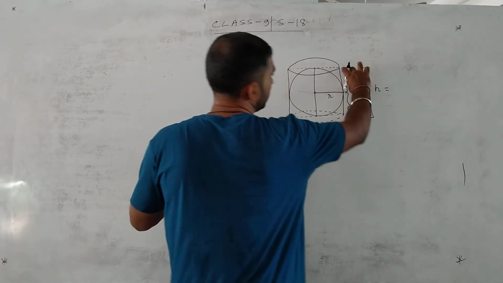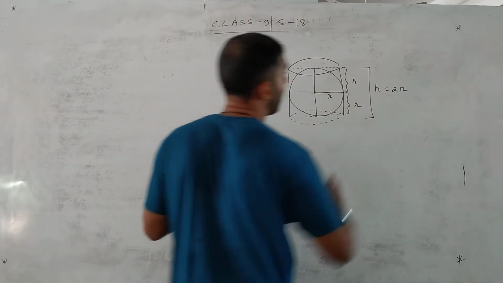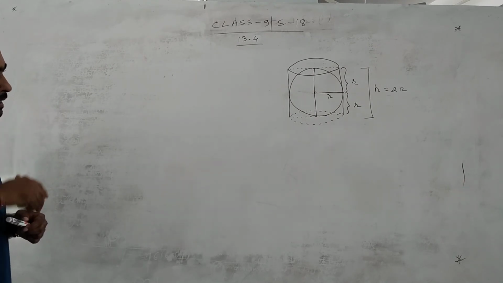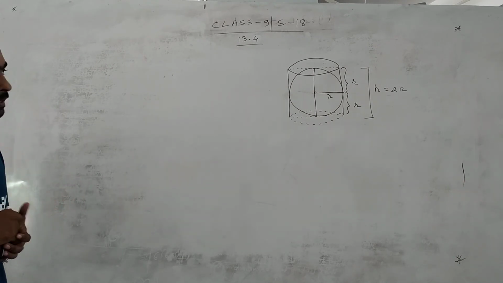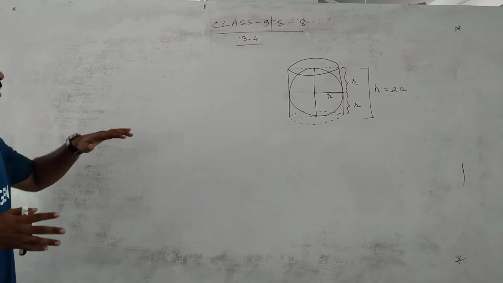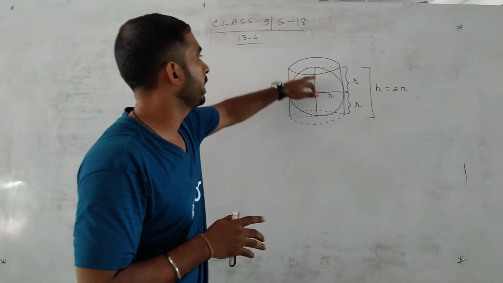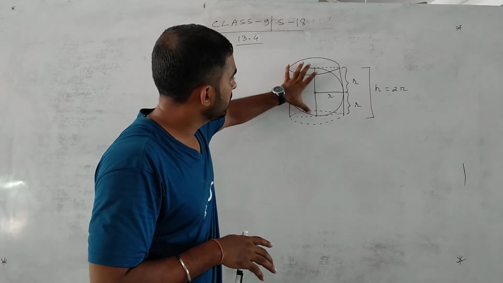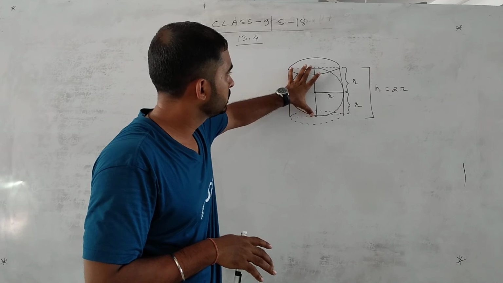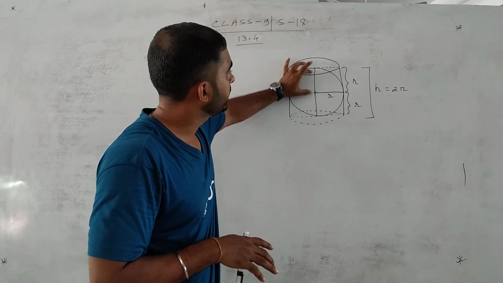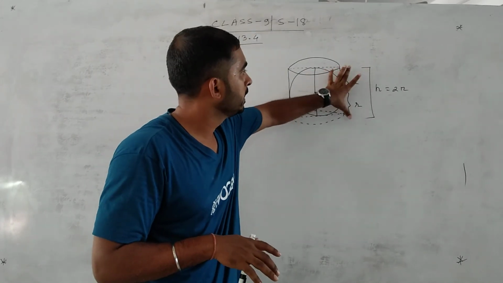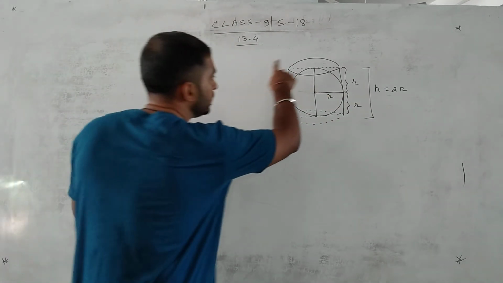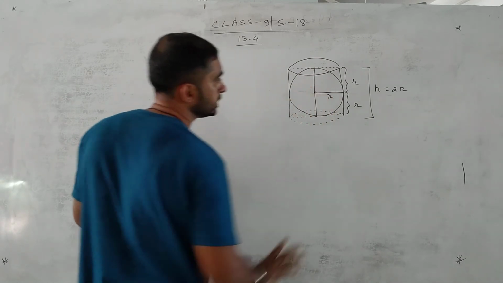So height equals radius plus radius, so 2r. Here is the cylinder, and inside it we put a sphere, and the sphere touches the bottom, the top and the edges of the cylinder. So this is the diameter of the sphere, radius plus radius, twice r, and that is the height of the cylinder. For both the cylinder and the sphere, the radius is r.